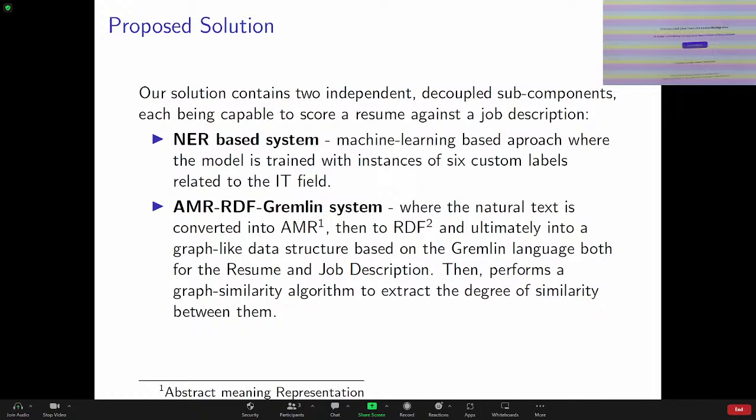The labels we will present shortly. The other is an approach that goes further towards natural language understanding, where we convert the natural text into some representations and ultimately arrive at two graph representations, one for a job description and one for the resume, and we perform a graph similarity algorithm to measure the degree of similarity.